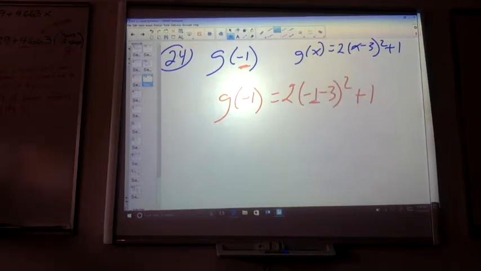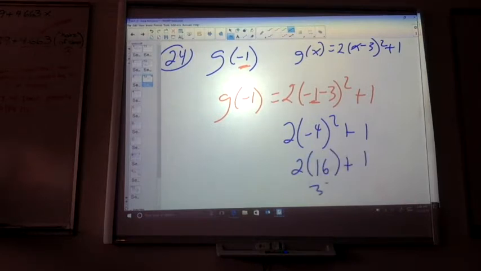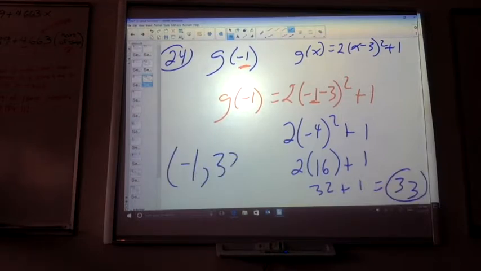Okay, this was our x value. We're plugging negative 1 in. So I get negative 4 quantity squared plus 1. Negative 4 quantity squared is 16 if I square it. So I get 32 plus 1 is 33. So again, this yields me the point negative 1 comma 33. Any other questions up to number 26? Yeah. 19. 19.